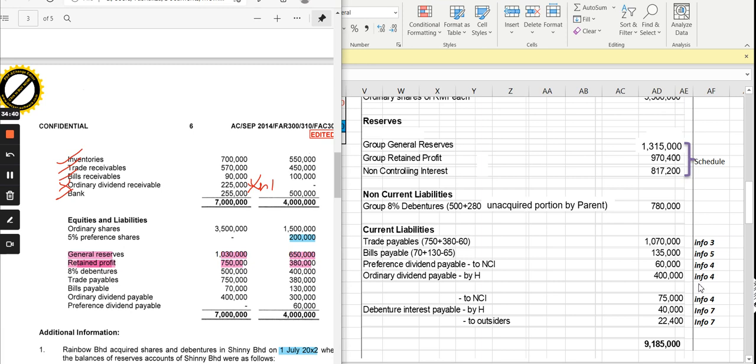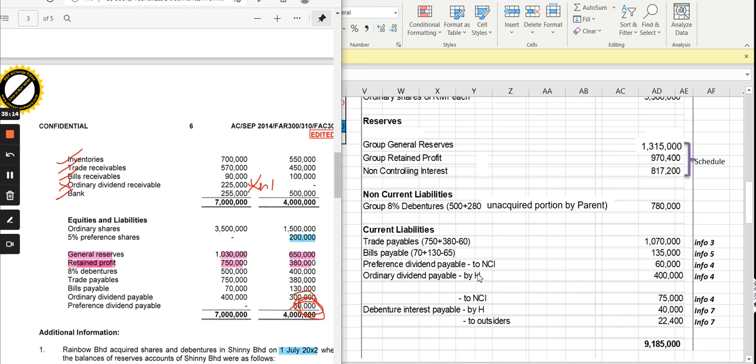Okay, preference dividend payable, this is the one that is related to information number 4, where in number 4, none of the preference dividend were being mentioned here, but you need to understand because the preference shares were not acquired, so all the preference dividend here, this 60,000, will all belong to the non-controlling interest. So that's why you have preference dividend payable to the non-controlling interest.